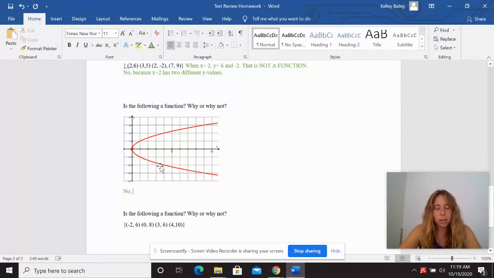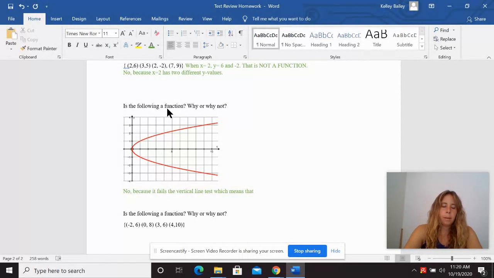So it fails the vertical line test, which means that x values have more than one y value. That's fine. You can put it like that.